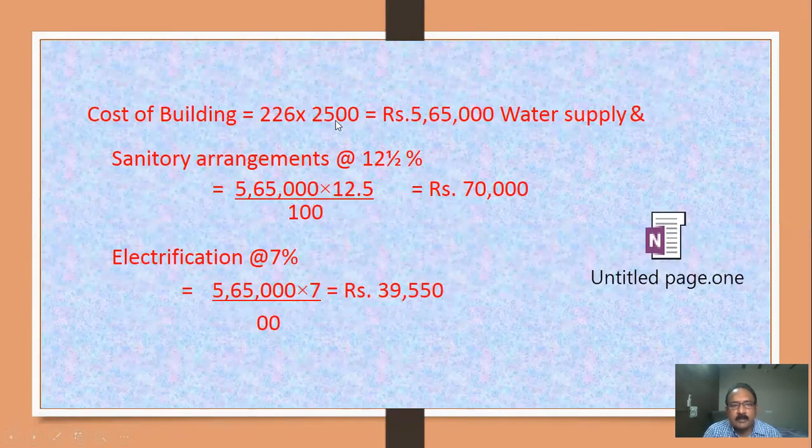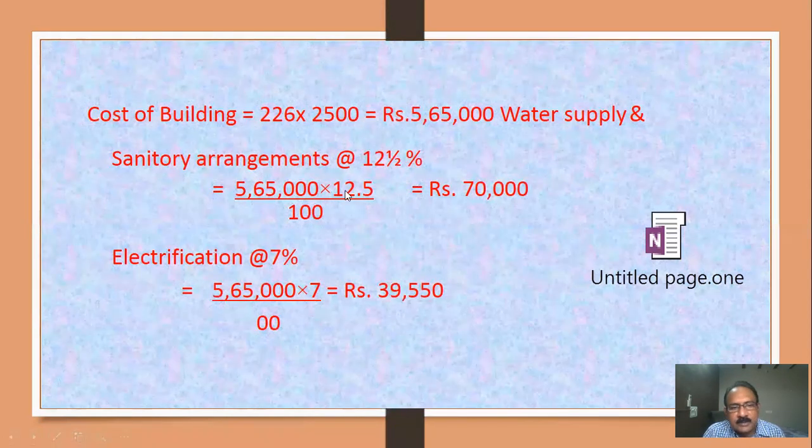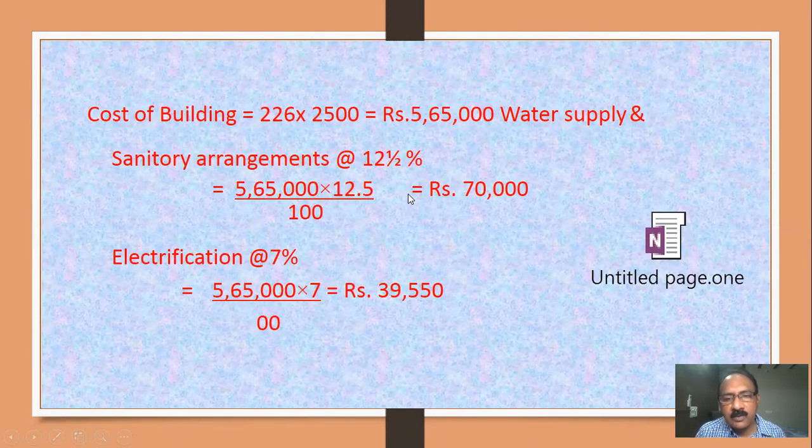So this we calculated in the next slide. How to calculate the cost of the building? As I said, 226 into 2,500 is 5,65,000, and for water supply 12.5%. What is the cost for water supply and sanitary arrangements? 5,65,000 into 12.5 by 100 is equal to rupees 70,000 for water supply and sanitary arrangement.